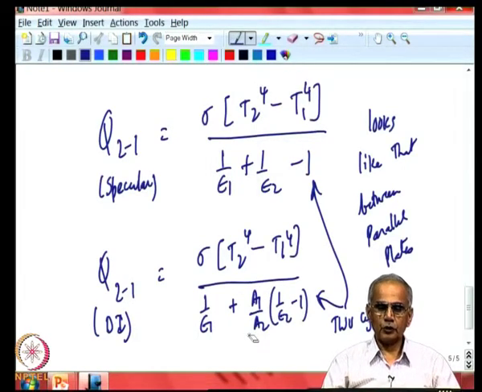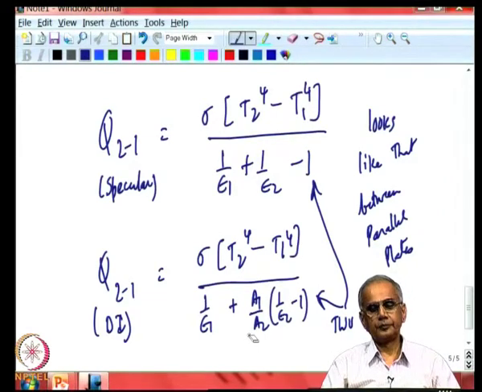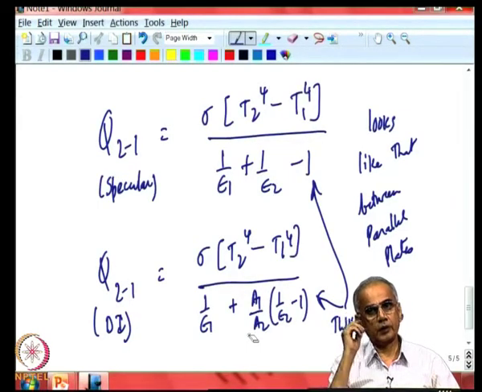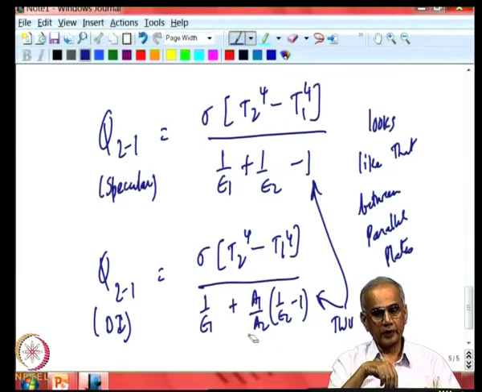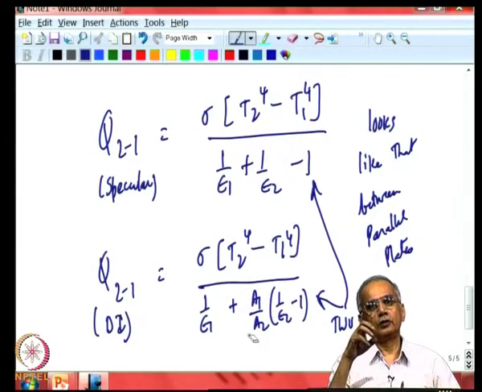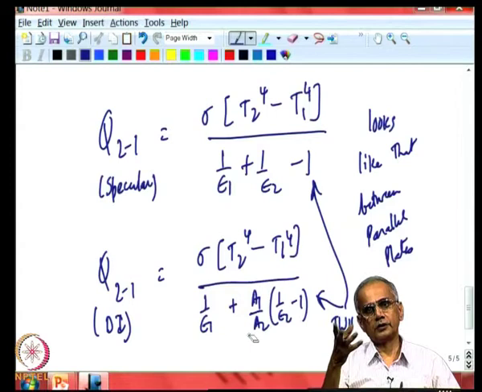Okay. So, this result is worth remembering in a given application wherein you want to reduce the heat transfer substantially between two surfaces and they are curved surfaces, then you are better off keeping the outer surface as a specular reflector in order to ensure there is more resistance to heat transfer from inner surface to outer surface.